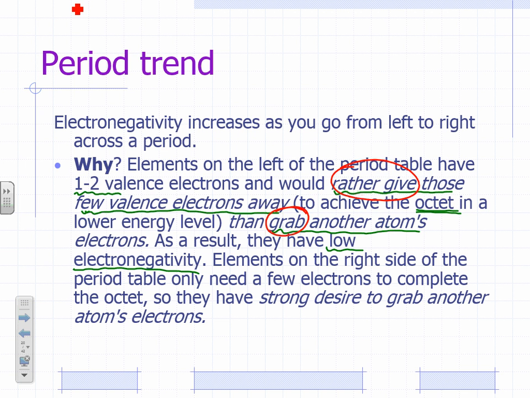Of course they don't. The explanation that was described in the previous slide is better, which was to look at the change in the effective nuclear charge and the radius, and using these technical terms, an explanation of electronegativity is much more precise.